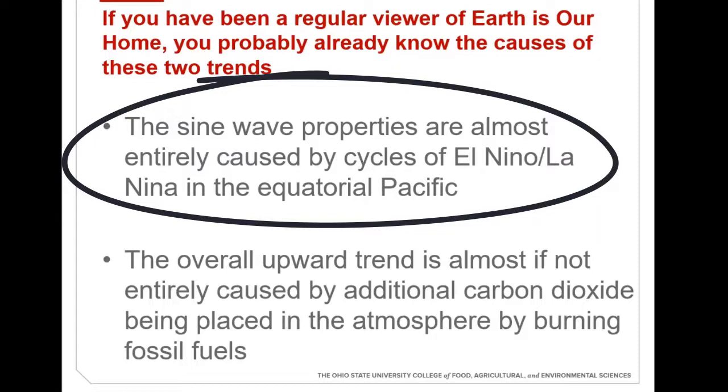La Nina does the opposite. There's a lot of cold water out there. We've got videos on those, and I encourage you to go to the Earth is Our Home website, the major site, and go down.